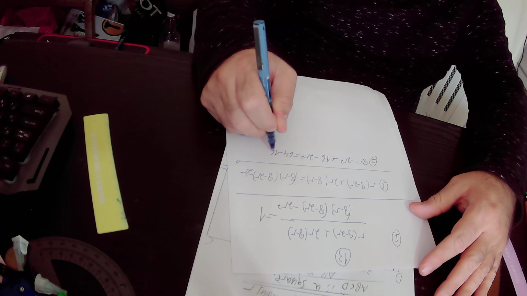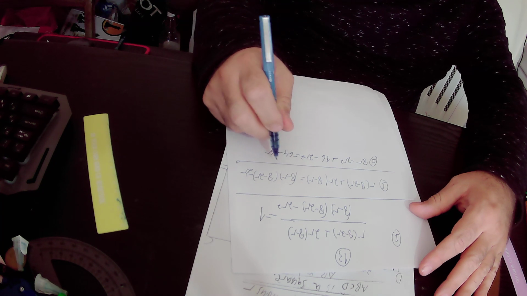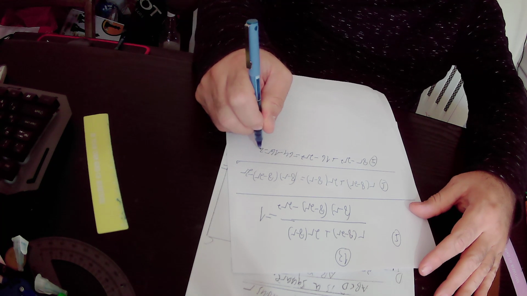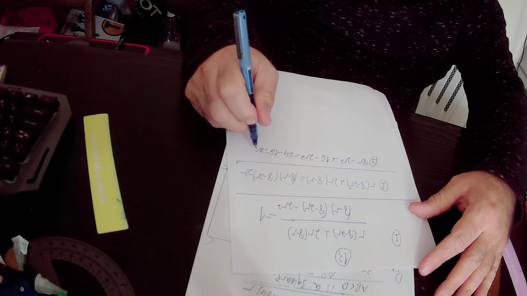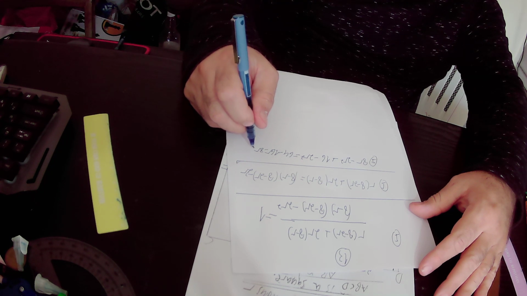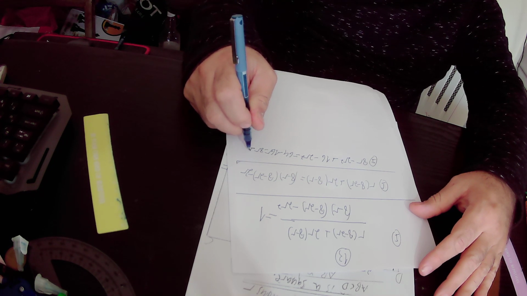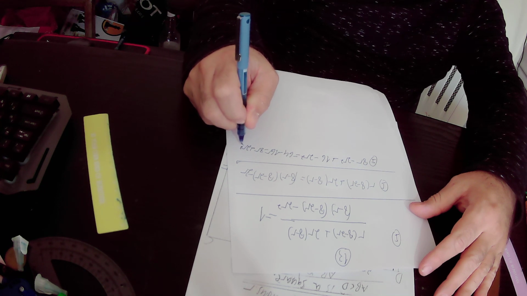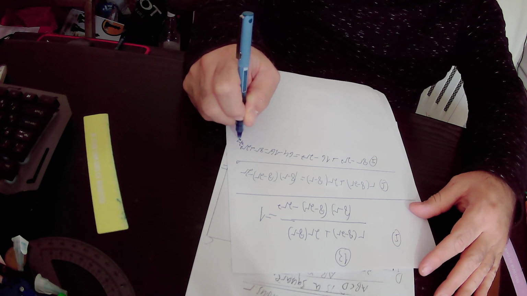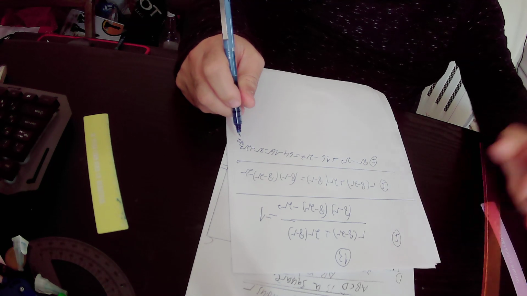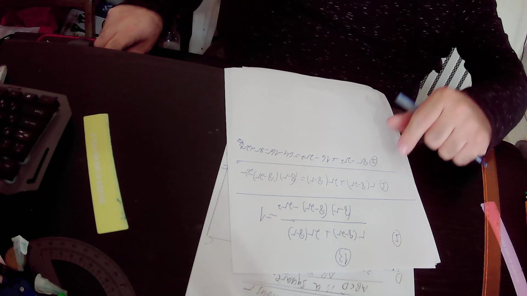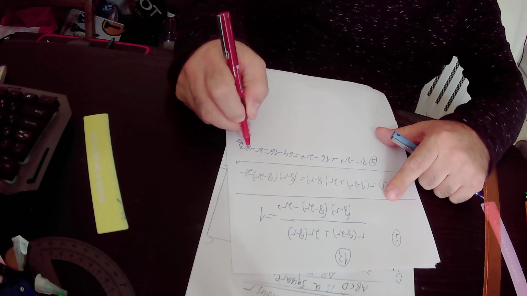8 times minus 2r is minus 16r, minus r times 8 is minus 8r, minus r times minus 2r is plus 2r squared, minus 2r squared, so plus 2r squared minus 2r squared is 0, so those two expressions will get cancelled.